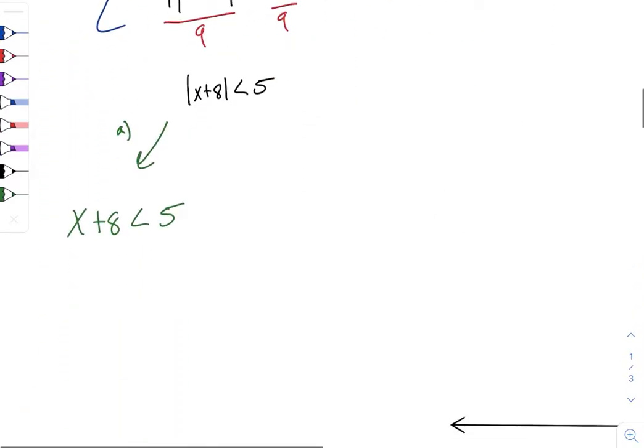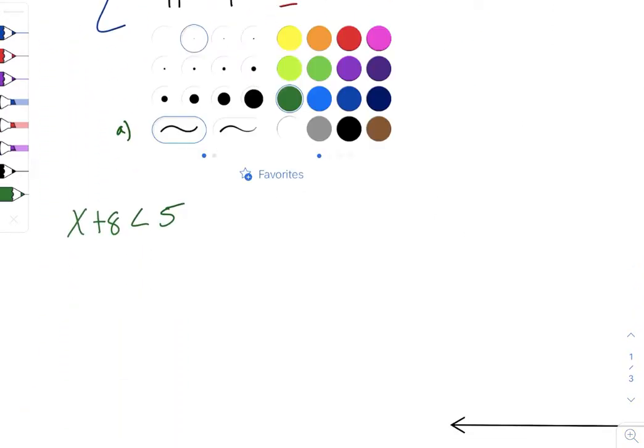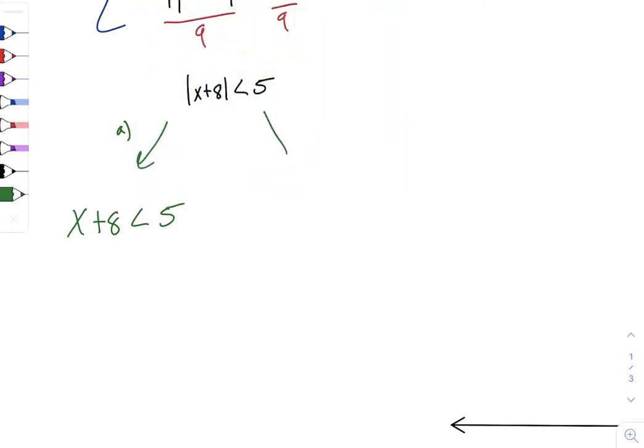So over here, I'm going to remove the absolute value just like the first one. Remove the absolute value, flip the inequality, and change the sign. So here you can see that I had to flip the inequality that I originally had up here and also change the sign on the other side. So a positive 5 became a negative 5.